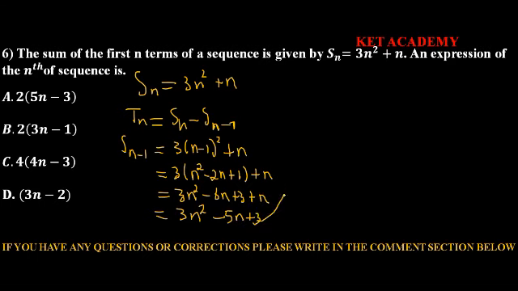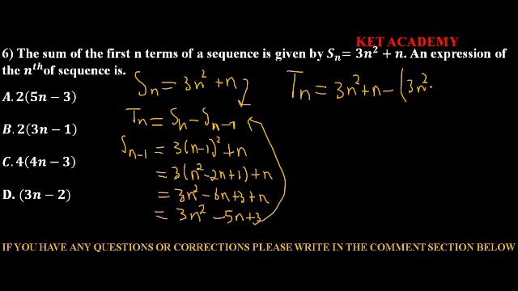So if we substitute this back into this formula, we are going to have Tn equal to Sn. Our Sn is 3n squared plus n, now minus bracket open, we have our Sn minus 1 to be 3n squared minus 5n plus 3.